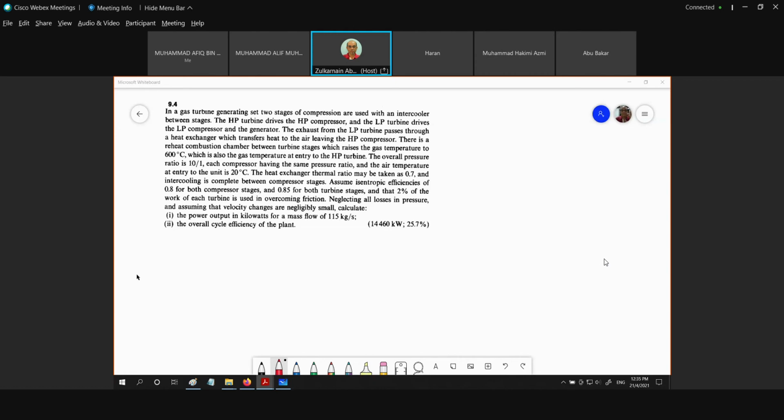So how many turbines do we have? We have low pressure turbine and high pressure turbine. And the high pressure turbine drives the compressor, and the low pressure turbine drives the electrical generator and also the low pressure compressor. So how many shafts do we have? Two. Two shafts. Okay, so we need to sketch the two shafts.